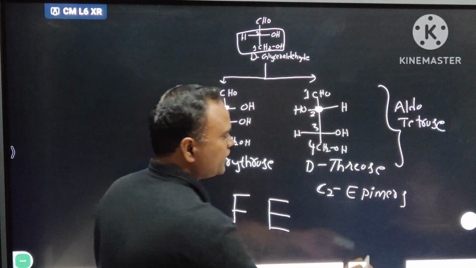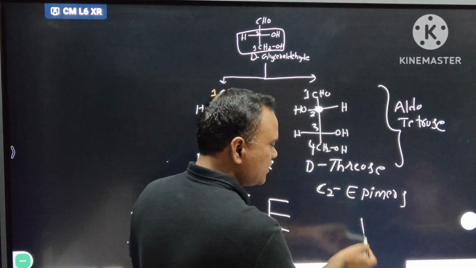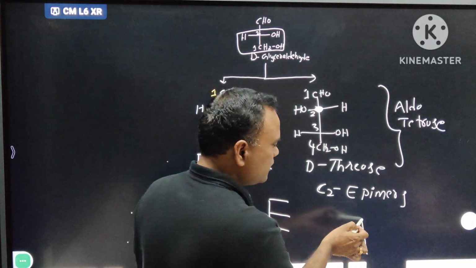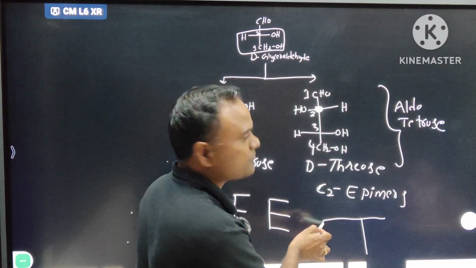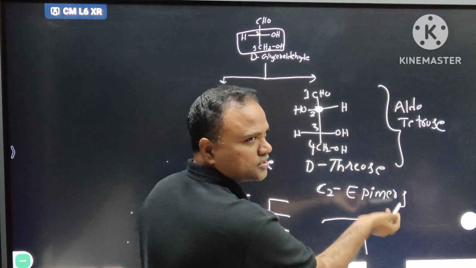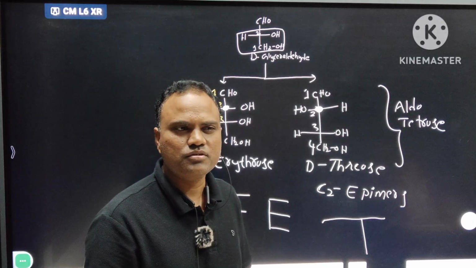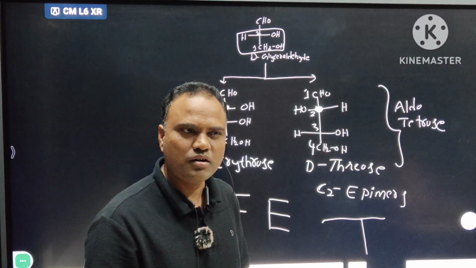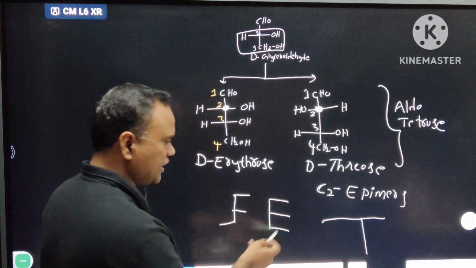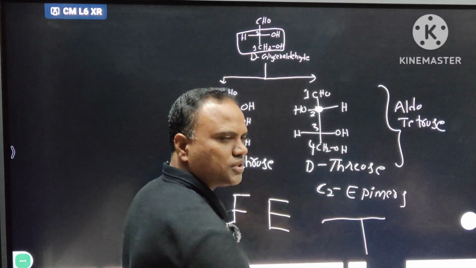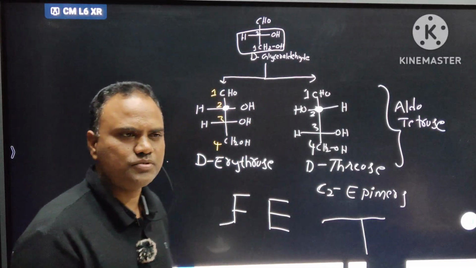And how to write T? Alphabet T: one line on that side, one line on this side. One OH on that side, one OH on this side. So in threose, the two OH groups are on opposite sides. In erythrose, like the letter E, all OH groups are on the same side.